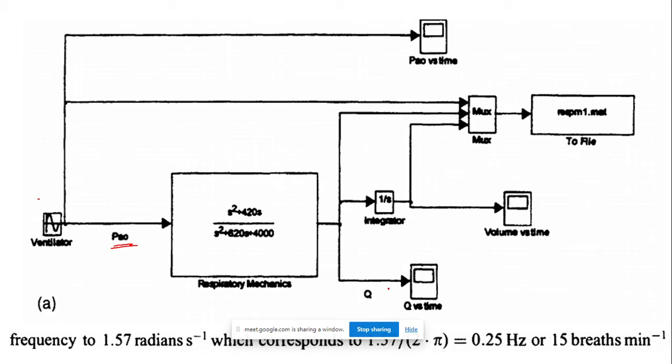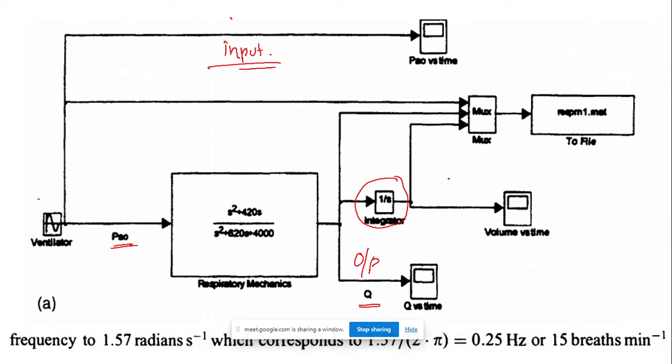Further, I'm plotting the input, which is PAO versus time, and here I'm plotting the output, flow rate versus time. At the same time I want to calculate the volume. Whatever output I'm getting, I'm integrating it, 1 by s, and that is volume.